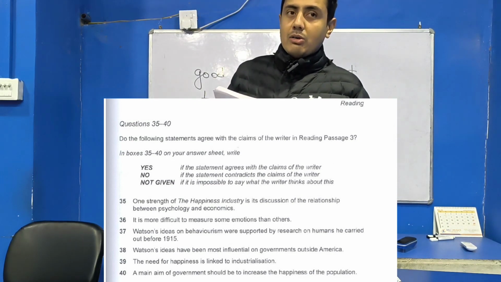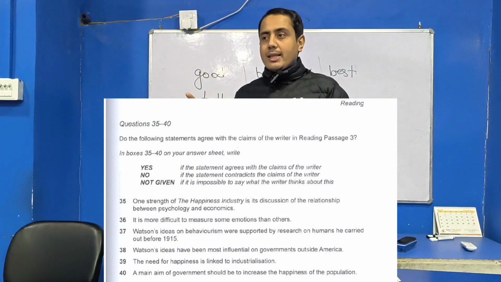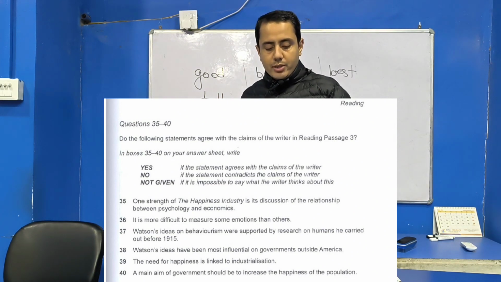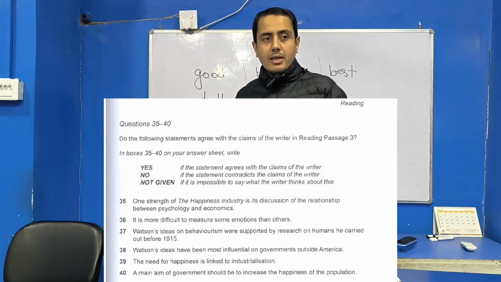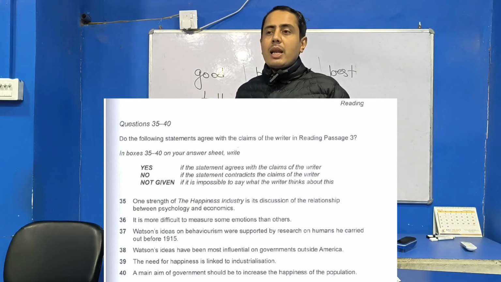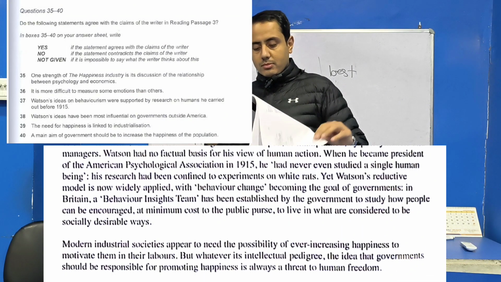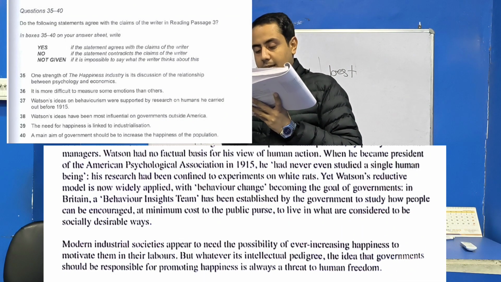Okay. Now I hope you are getting the hang of it. 38. Watson's ideas have been most influential on governments outside America. The answer is below the last answer. Why don't you search for it? Second last paragraph.